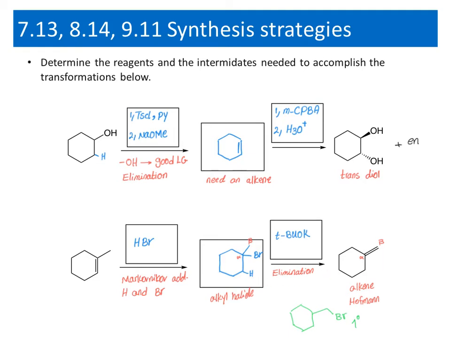And according to our knowledge, we know that elimination always prefers tertiary substrate and sometimes secondary substrate, but it is not happening with primary substrate. So this transformation cannot be accomplished.